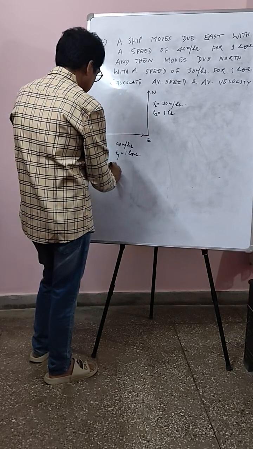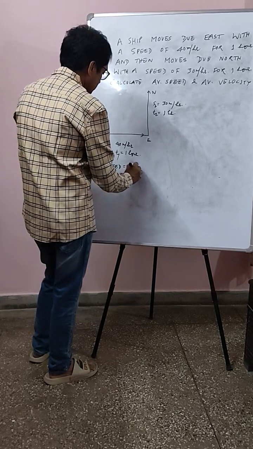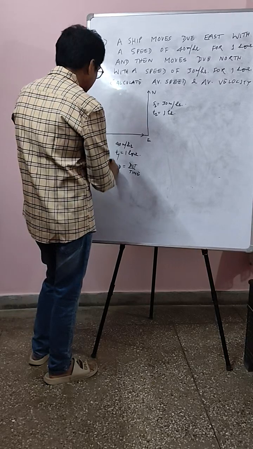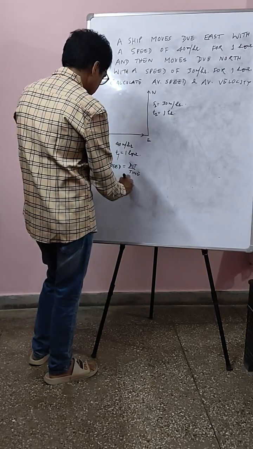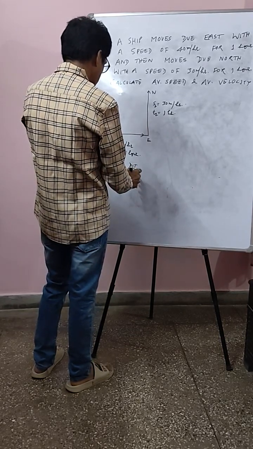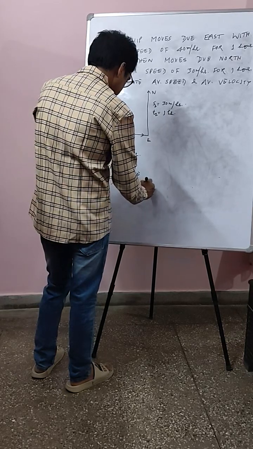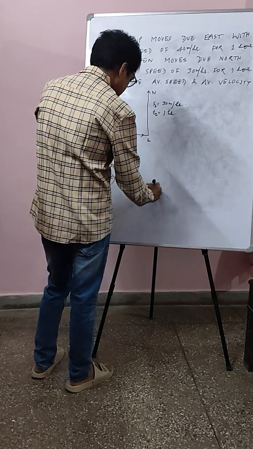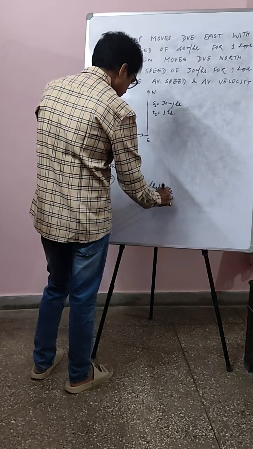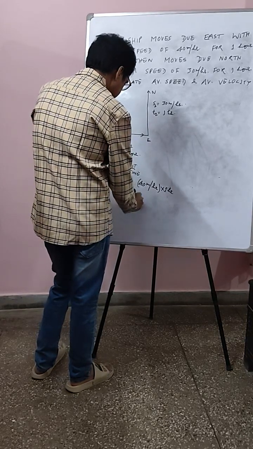Speed equals distance upon time. Use the formula, this implies distance OE equals speed multiplied by time, 40 meters per hour multiplied by 1 hour, equals 40 meter.